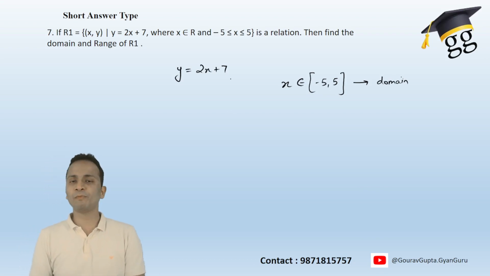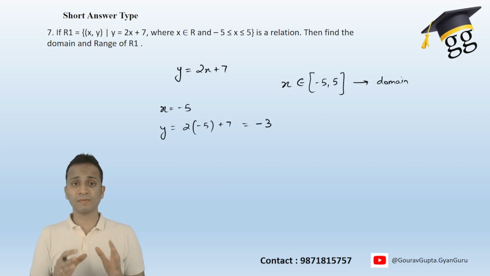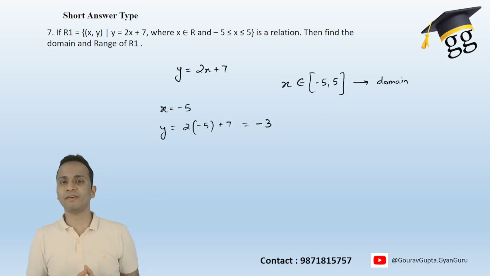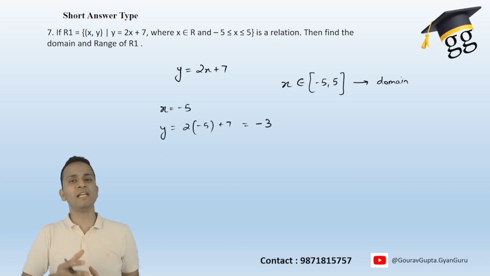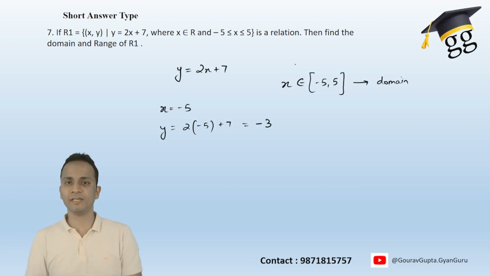Okay. Now let's talk about the range. Now, if I put the minimum value of x, that is -5, the value of y will be 2 multiplied by -5 plus 7. That is equal to -10 plus 7, which is -3. Okay. Now, since this is a linear expression in terms of x and I have 2x plus 7, you can observe that if I increase the value of x, the value of y will increase.